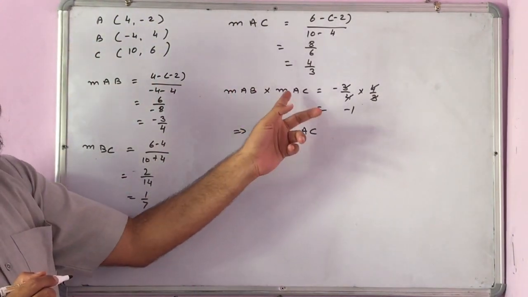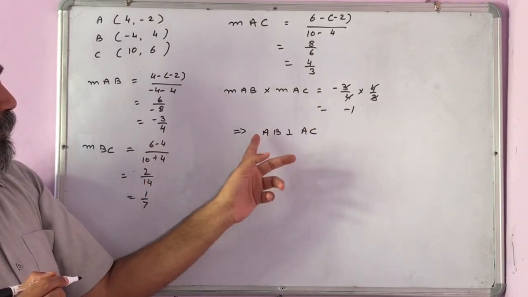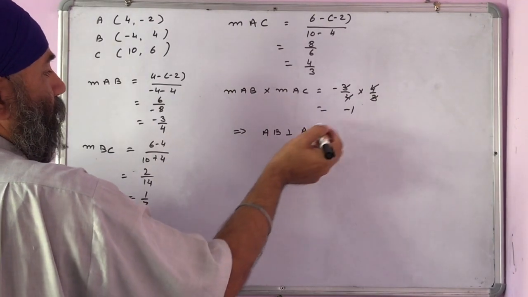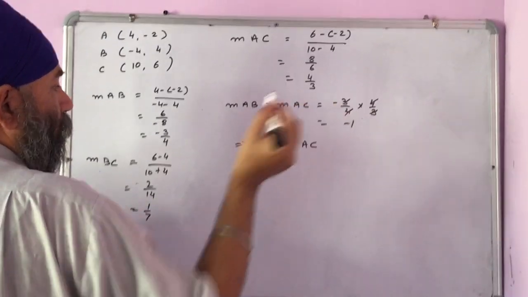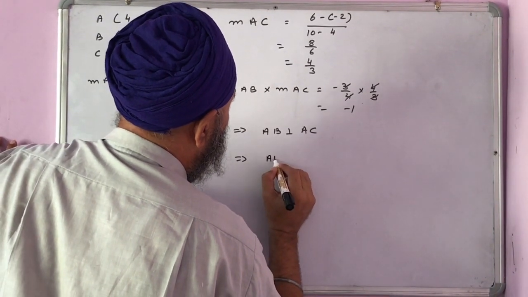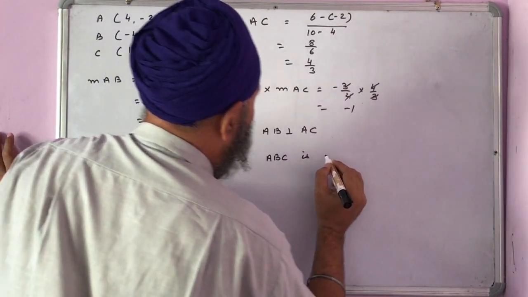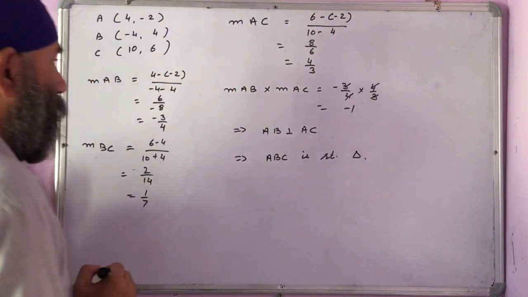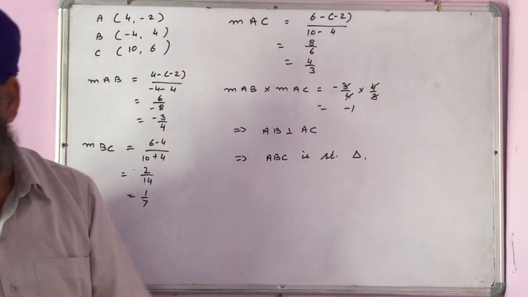If their slopes have their product as minus 1, they will be perpendicular to each other, because if lines are perpendicular, the multiplication of the slopes is minus 1. So it implies that one angle is 90 degree, ABC is a right angled triangle. I think you might have got it.